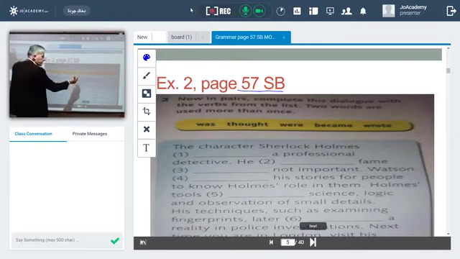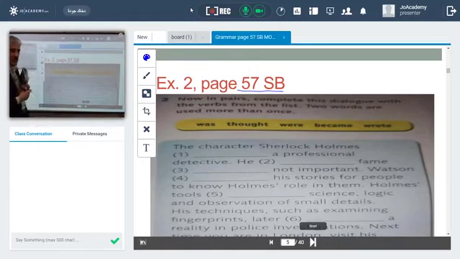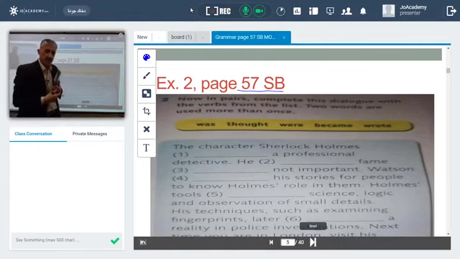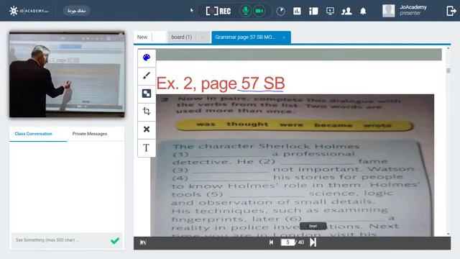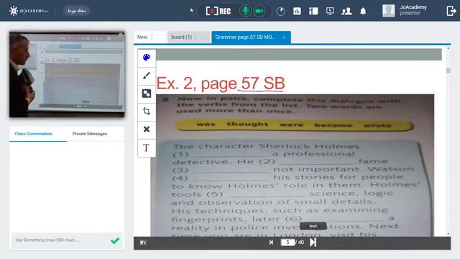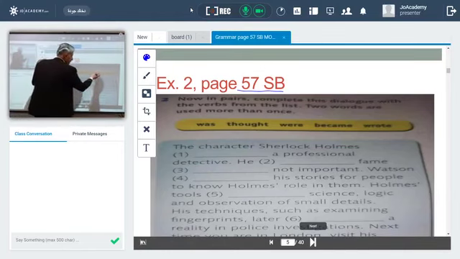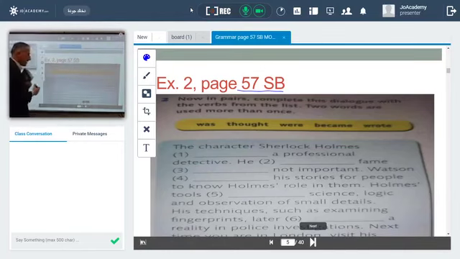So it talks about Sherlock Holmes. You remember we talked about Sherlock Holmes and we said he is a detective in the stories. Blank a professional detective. So what do you think we need to put? We need to put was or thought or were, became or wrote.